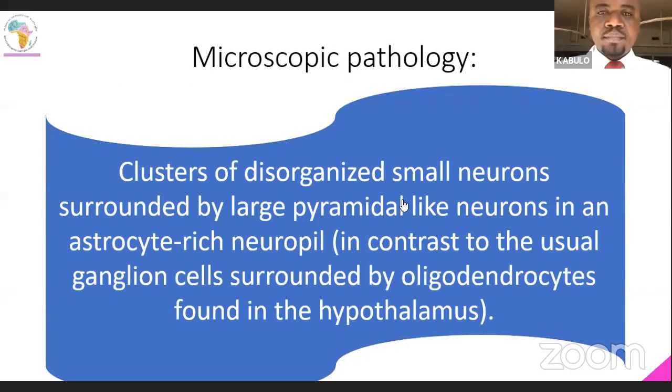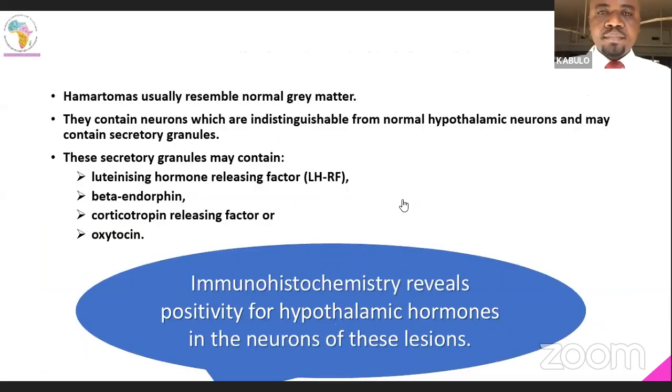So microscopic pathology: you will see clusters of disorganized small neurons surrounded by large pyramidal-like neurons in an astrocyte-rich neuropil, in contrast to the usual ganglion cells surrounded by oligodendrocytes found in the hypothalamus. Hamartomas usually, like I mentioned, resemble normal gray matter, but they contain neurons which are indistinguishable from normal hypothalamic neurons and may contain secretory granules.